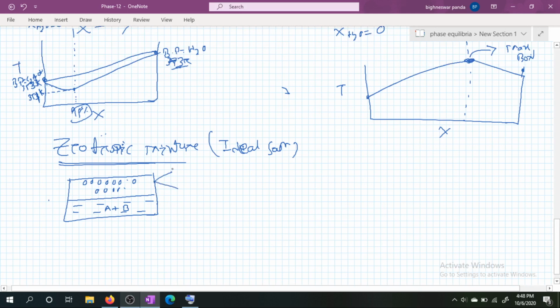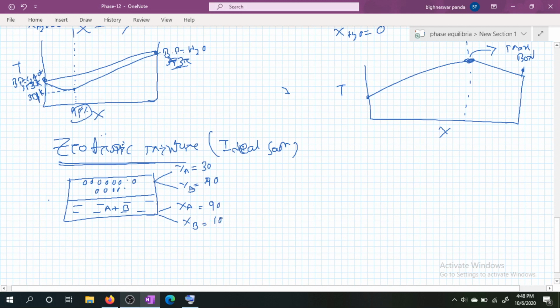Consider this is the vapor phase, YA and YB. YA has composition 30%, YB is 70%. Similarly, XA, XB: XA has composition 90, XB 10.